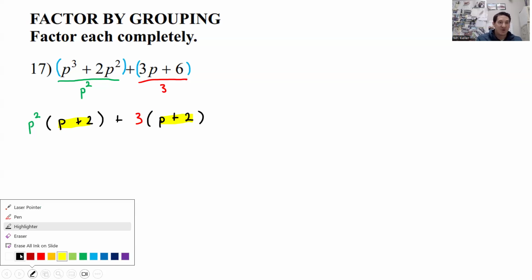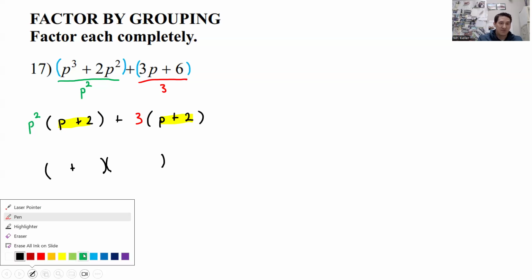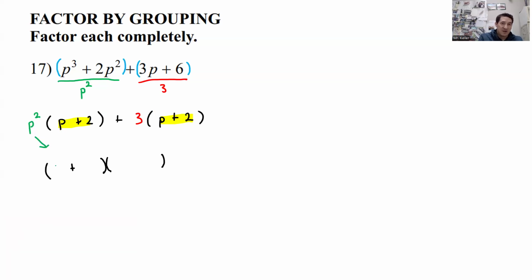The last step to factoring by grouping is we need to now regroup our factors. We're going to have two factors. The first factor is our GCFs grouped together, so the p squared and the 3: p squared plus 3.